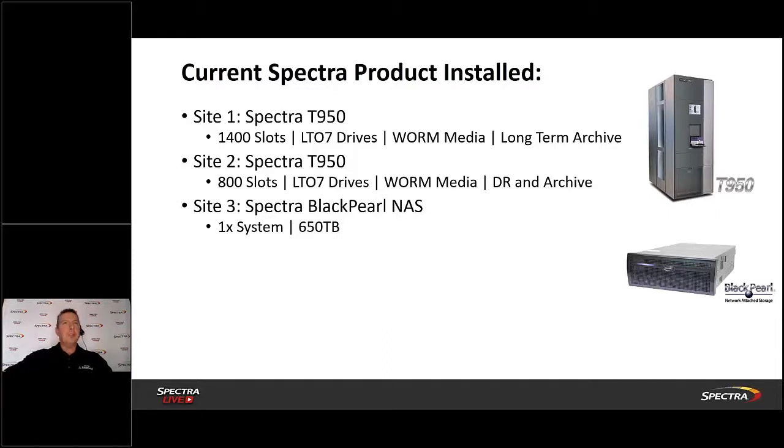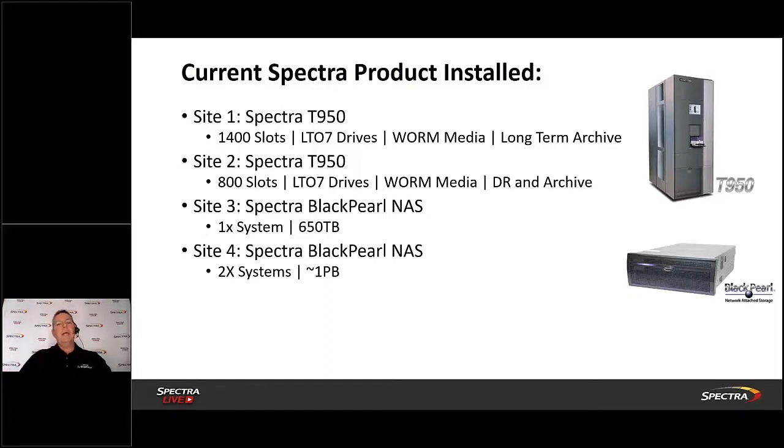On their third site, they decided to put in a NAS, one system at about half a petabyte, 650 terabytes, and then they acquired another company or had another geographic location, and decided to implement another BlackPearl NAS in this site. So that's basically 4 sites where SpectraLogic tape and disk secondary storage targets have been implemented and are helping protect their data.